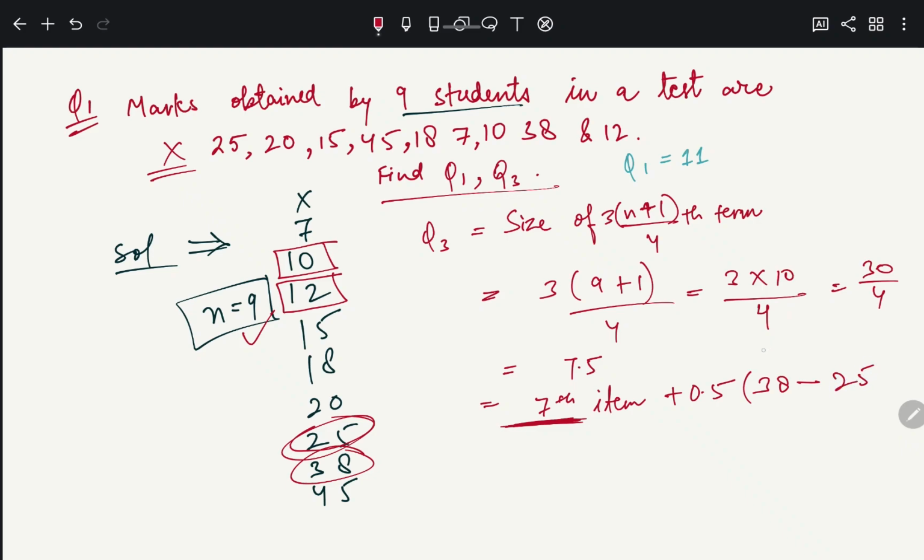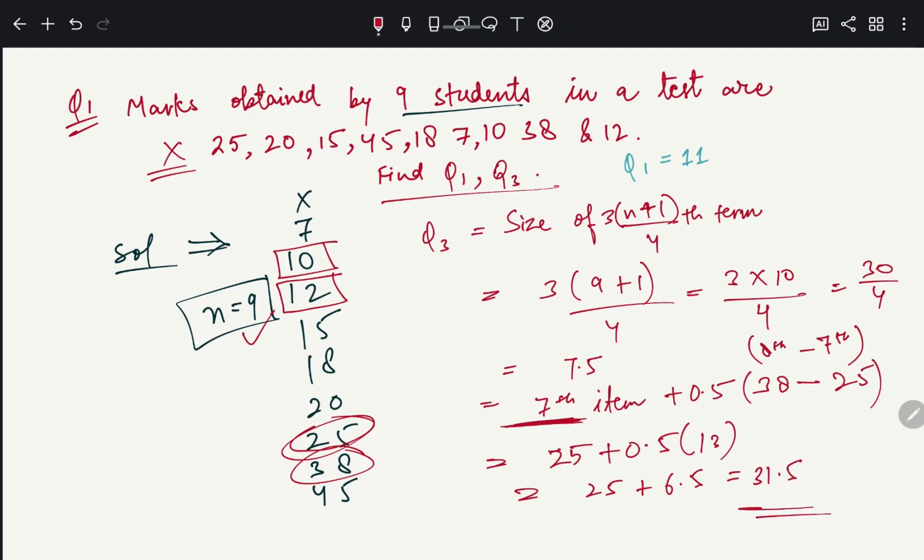So 8th minus 7th term. Here we will calculate this. Our seventh item is 25 plus 0.5 into 13 is equal to 25 plus 6.5, which will be 31.5. So our Q3 is 31.5.